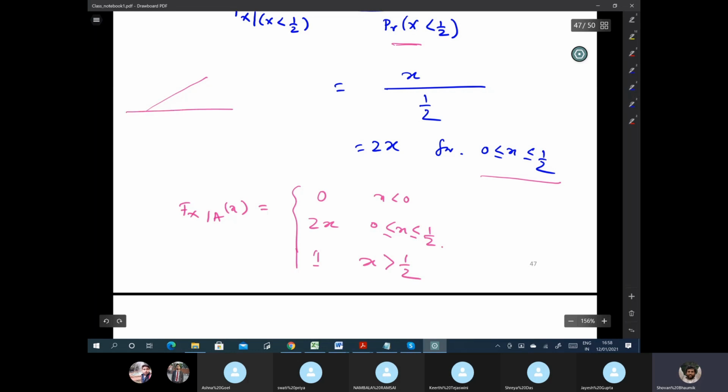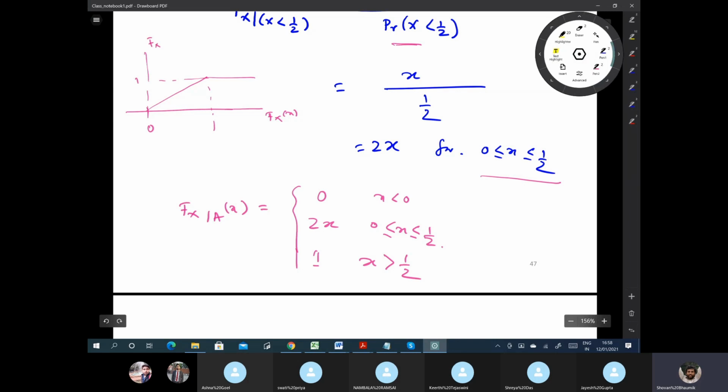Earlier our probability started from 0 and went up to 1, and at this point it becomes 1, that was F_X of small x.